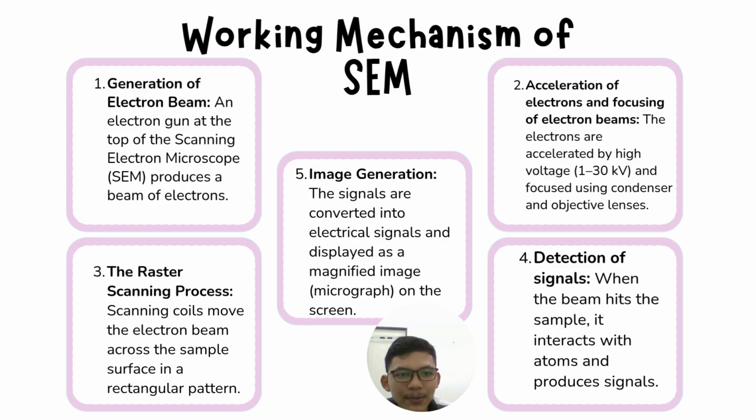Scanning coils move the electron beam across the sample surface in a rectangular pattern. Number four, detection of signals. When the beam hits the sample, it interacts with atoms and produces signals. Last but not least, image generation. The signals are converted into electrical signals and displayed as a magnified image, micrograph, on the screen.